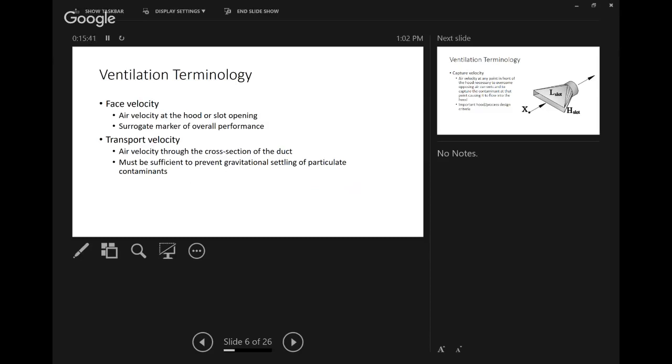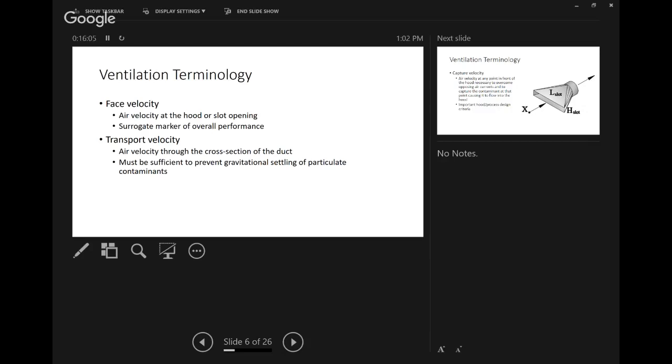I guess I don't understand the second one you drew. So this was the sash. There's a sliding, I don't know if it's always glass, it could be plexiglass or some sort of clear plastic. But this sash you can move up and down depending on how much room you need to work in there.